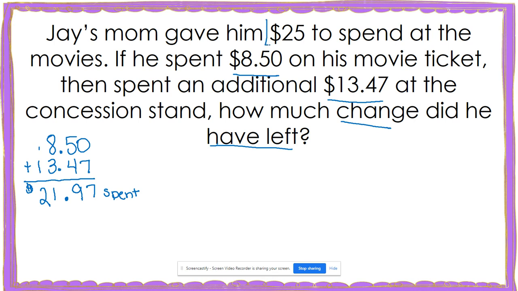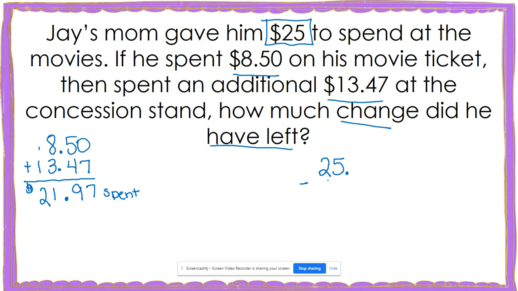Now the question wants to know how much change does he have left over? If I know that he started with $25 and he spent $21.97, to figure out how much he has left, I'm going to subtract. So I'm going to take $21.97 away from 25. But when I go to write this problem, I realize I don't have a decimal to line up in 25. Well, whenever I have a whole number, I actually always have an invisible decimal behind the whole number.